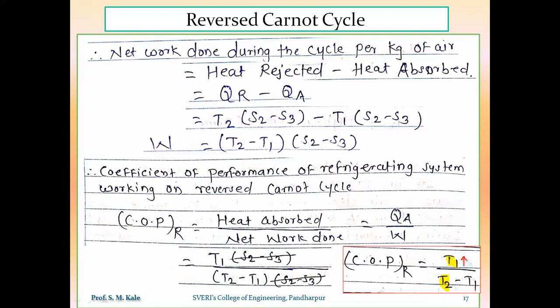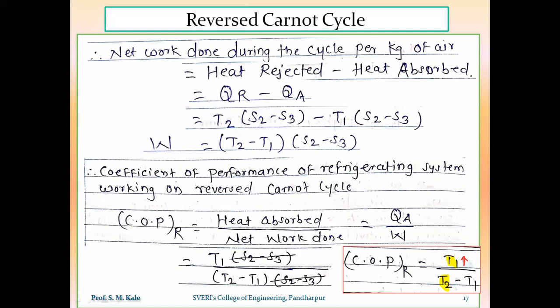So how can I increase the numerator? By keeping T2 as a constant parameter, if I increase the value of T1, then automatically the value of COP of that reverse Carnot cycle will go on increasing.